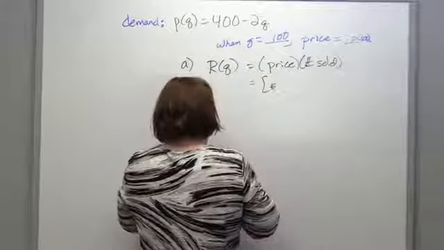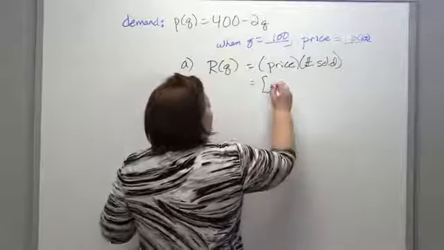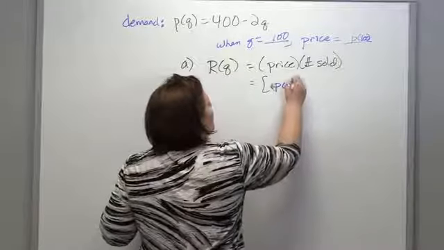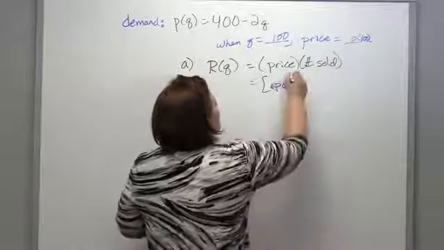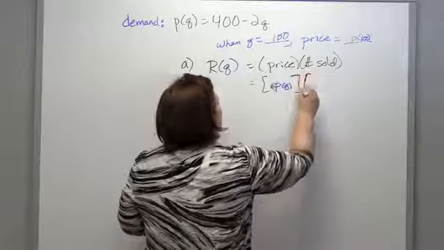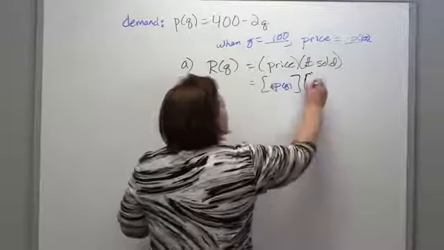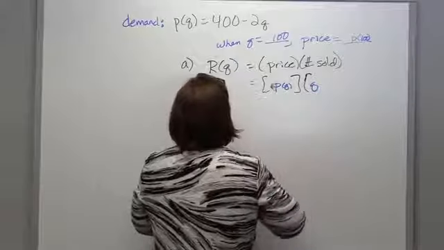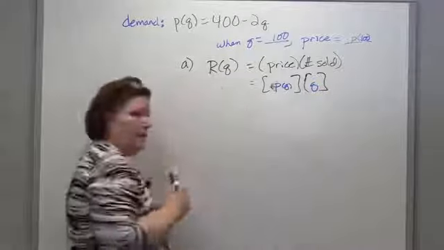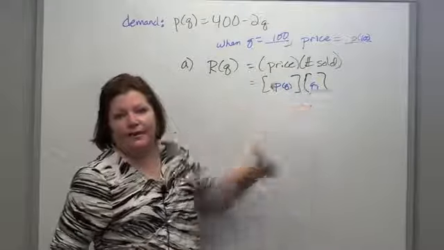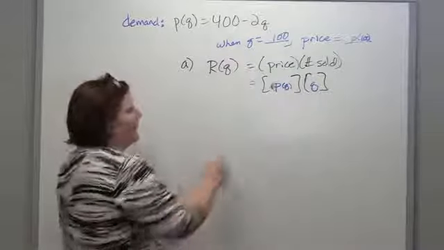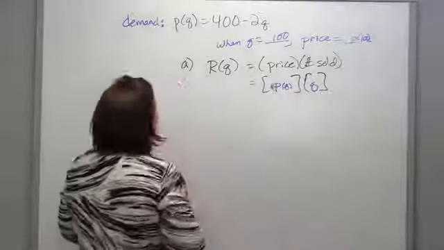So this should be P of Q times Q. This gives us the price times how many we sell at that price.